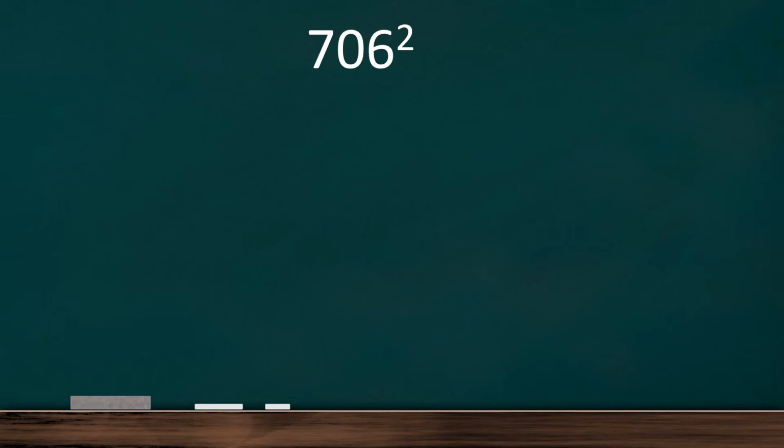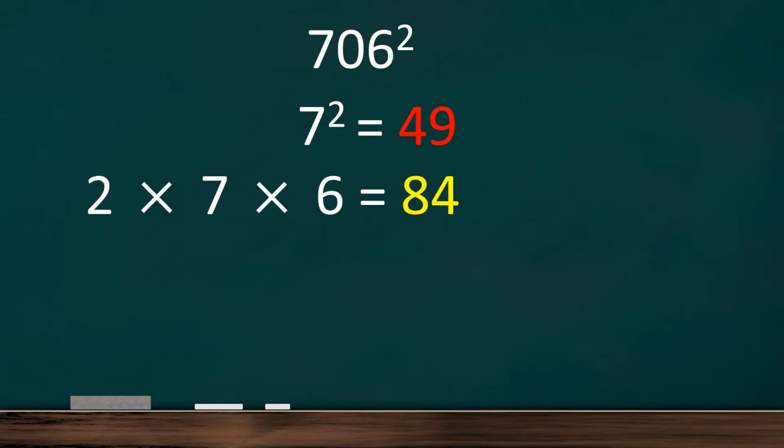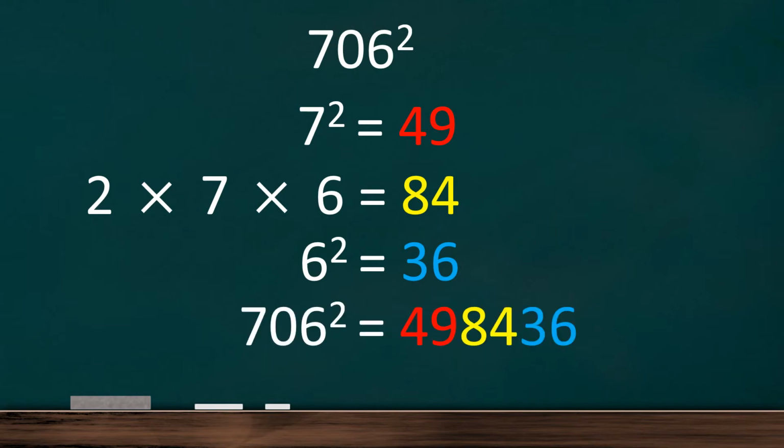To calculate 706 squared. First, 7 squared is 49. Second, 2 times 7 times 6 is 84. Third, 6 squared is 36. So we can immediately say that 706 squared is equal to 498,436.